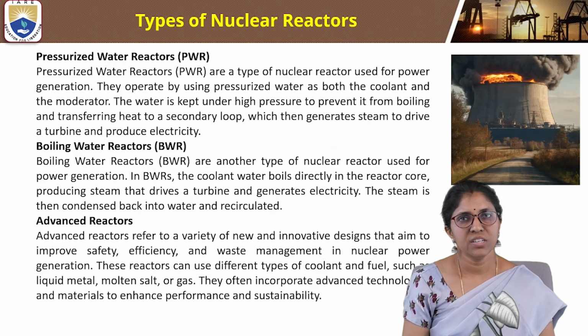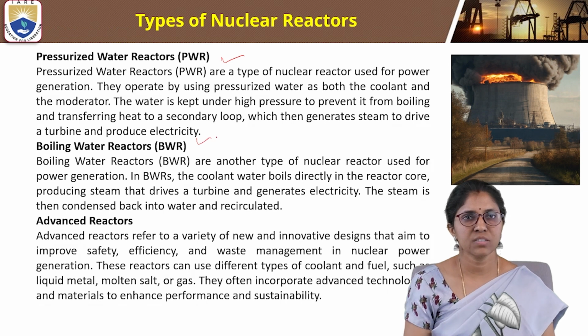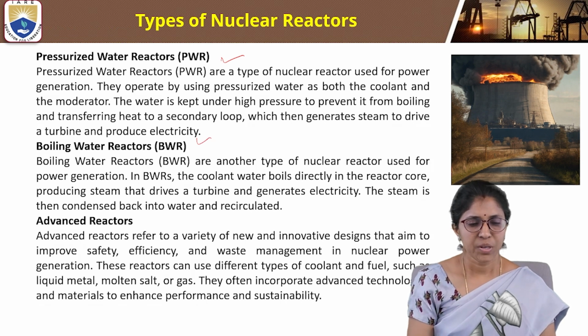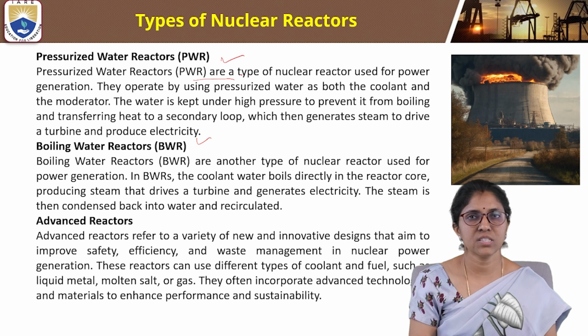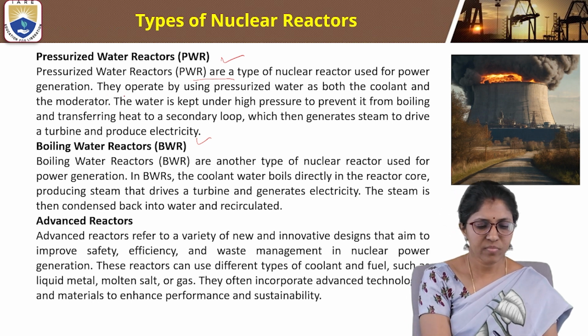Types of nuclear reactors: we have three types, pressurized water reactors, boiling water reactors and advanced reactors. Pressurized water reactors are a type of nuclear reactor used for power generation.